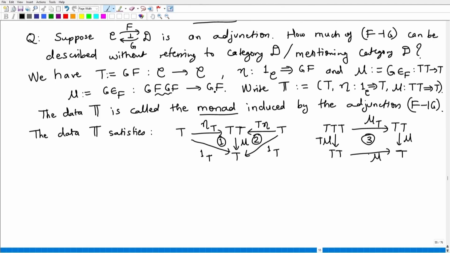Now, obviously, whatever we have seen so far came from an adjunction. Now, here comes the definition.